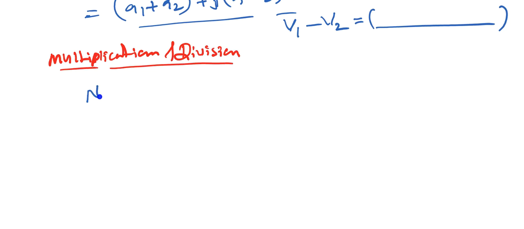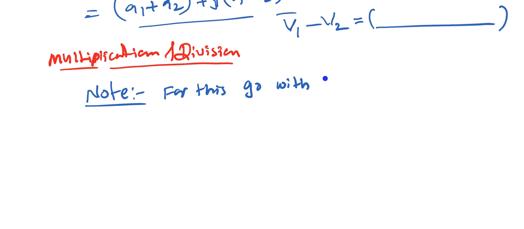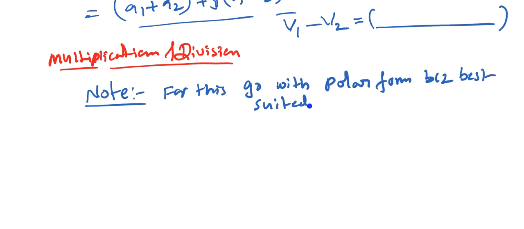If you want to do the multiplication or division of any two vectors or more than two vectors, go with the polar form, because it is best suited to do the solution very easily. So that is what I want to talk about here.